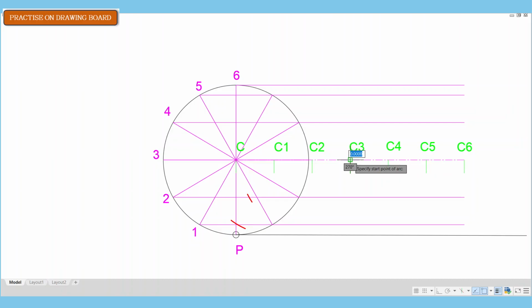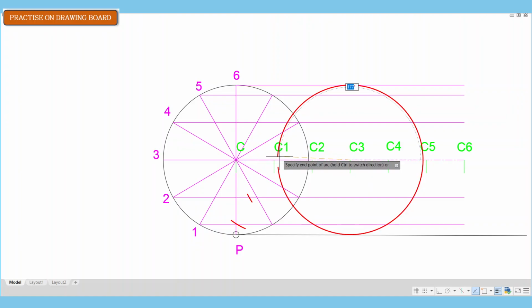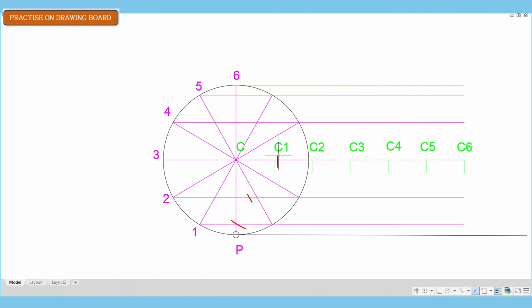So from center 3, we are looking for the third divisional horizontal line, same radius of 25, and that will be point 3.